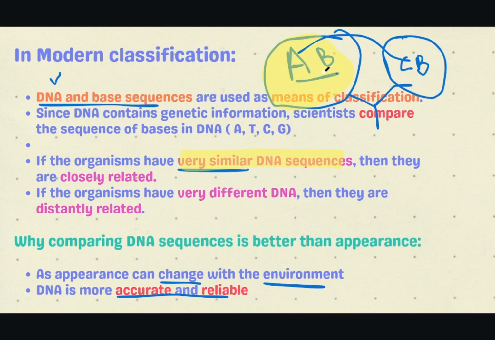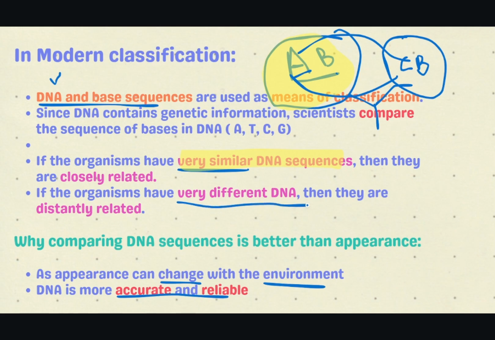But if I want to compare organism A to organism C and see their evolutionary relationships, what I can tell easily through this classification is that A and C are distantly related. Why? Because they have not been classified in the same group, which means that they have very different DNA.